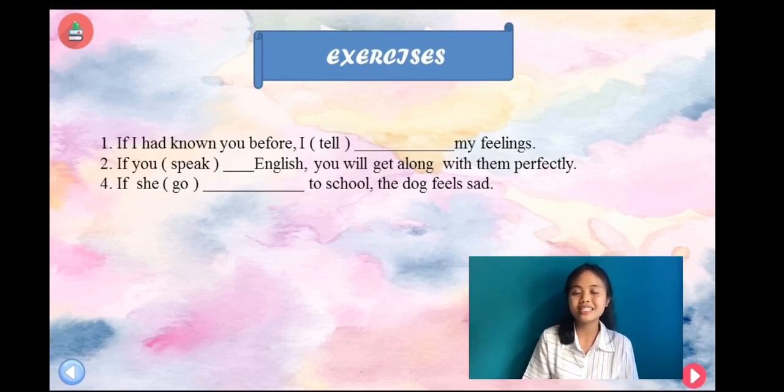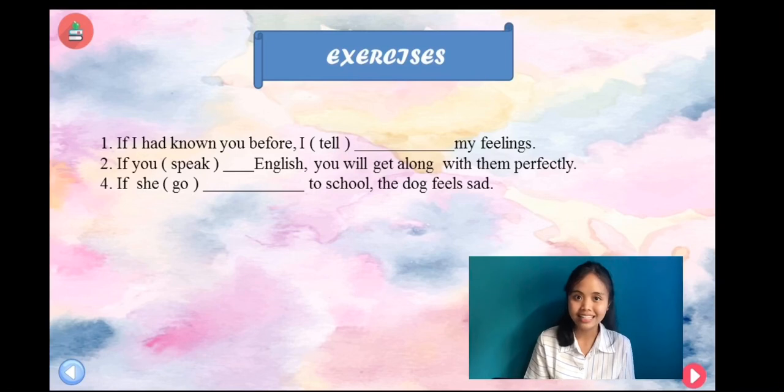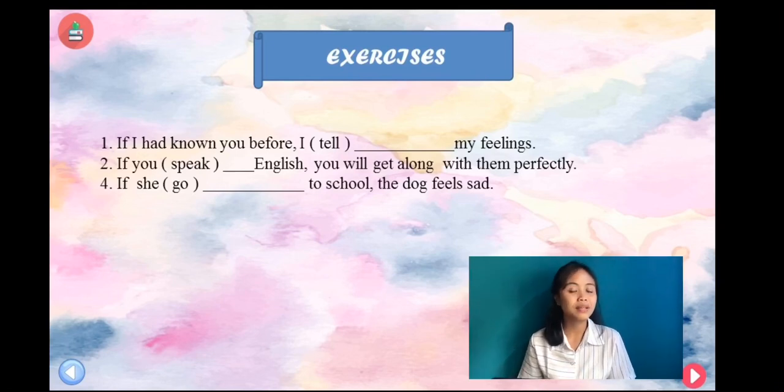For the last number: if she go blank blank blank to school, the dog feels sad. Do you know what type it is? This is type 0. So referring to the rules, the answer will be: if she goes to school, the dog feels sad. And that's all for our exercises.